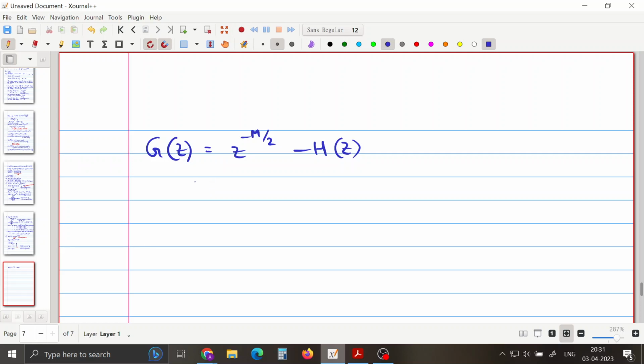So we can put z equals e power j omega, right? So G of e power j omega is this, and this is basically H of e power j omega.